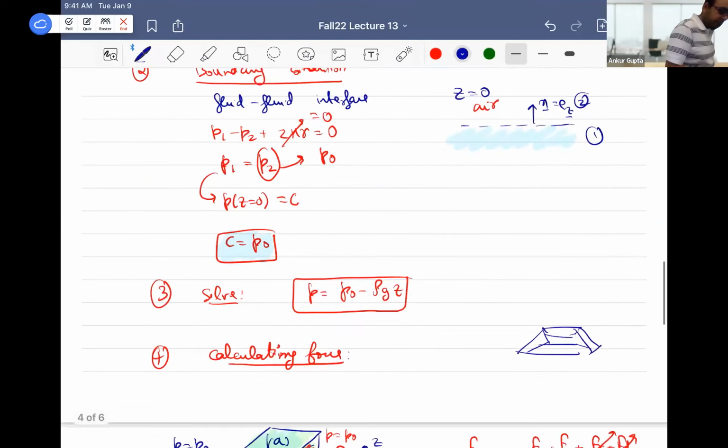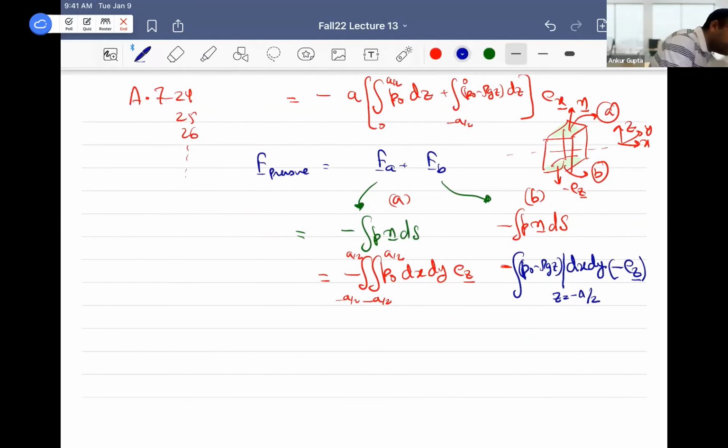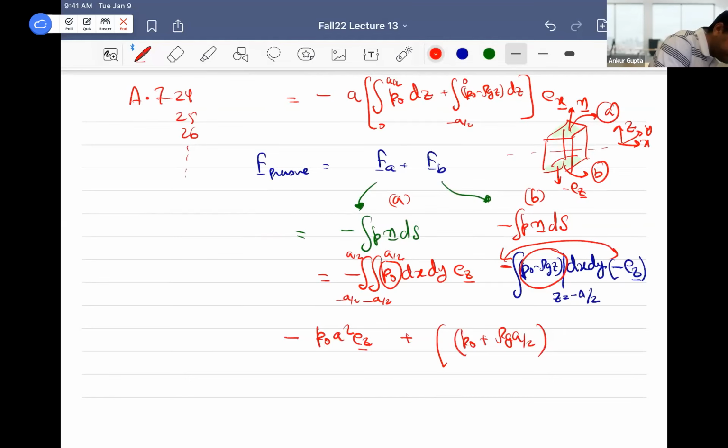All right, so we go here. Remember that this P naught is not a function of x and y, and this is also not a function of x and y. So what you simply get is minus P naught a square EZ, and here the minus and minus cancel out, it becomes plus P naught plus rho g a by 2, because z is minus a by 2, and dx dy is a square EZ.